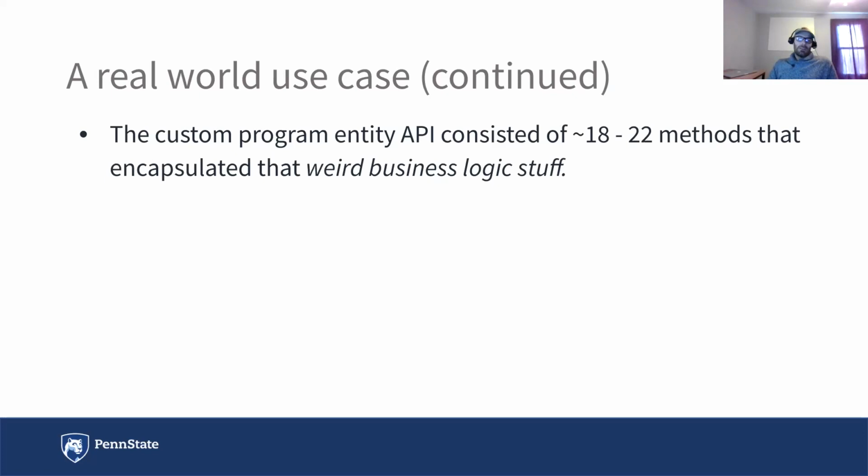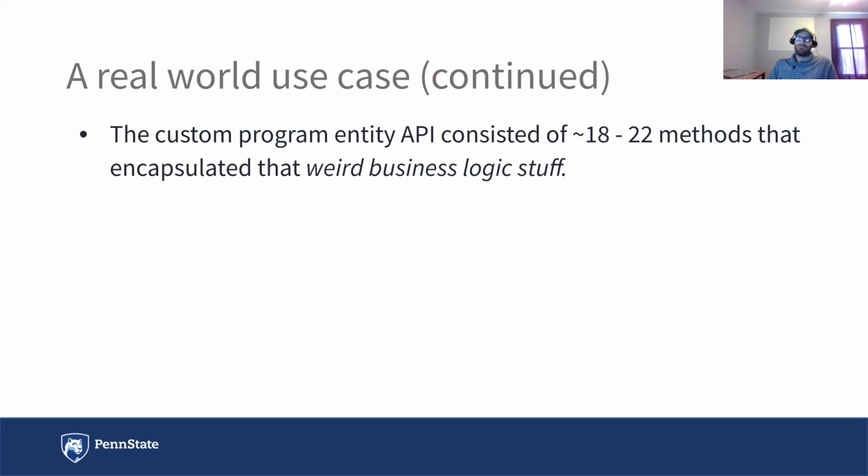Our custom program entity API had roughly 18 to 22-ish methods. These methods would come and go as new weird business logic dictated. And it worked out pretty well. We were able to use our IDEs to really track usage on this.